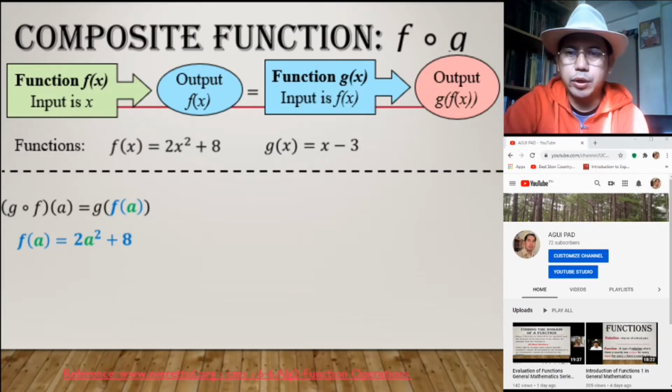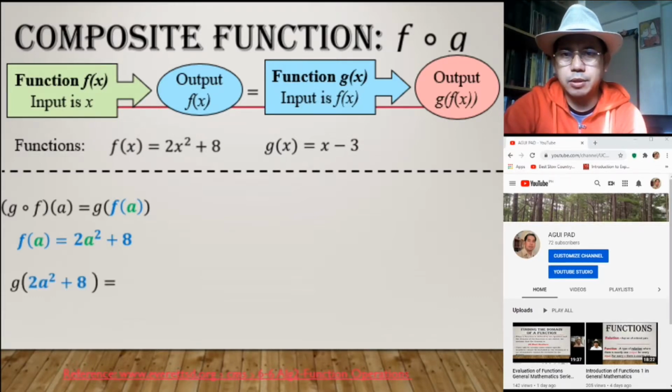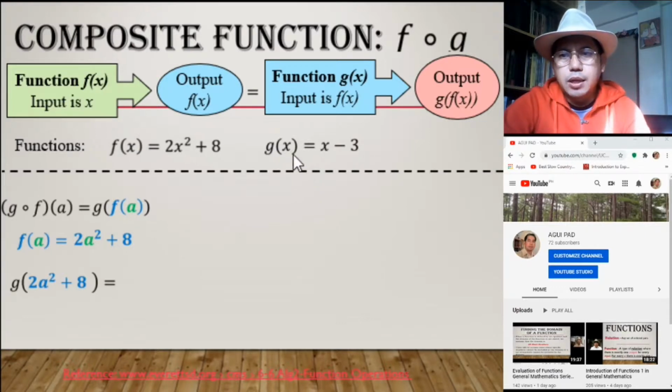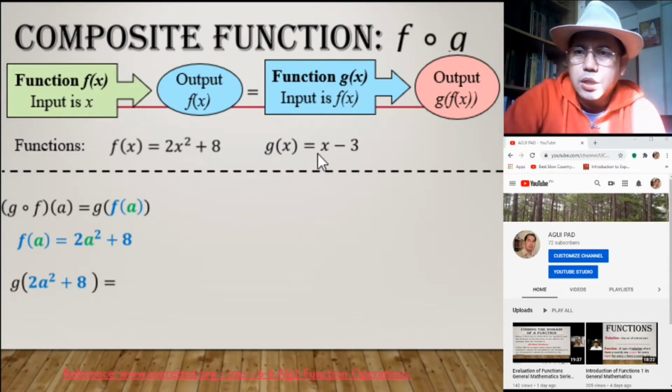Why? Because our number is considered to be a variable. So again, what about the second function? g of x is equal to x minus 3. Of course, when we evaluate this one, make use of this result, 2a raised to 2 plus 8, as our x in the second function, or as our input in the second function.